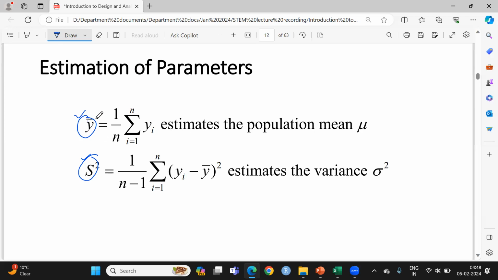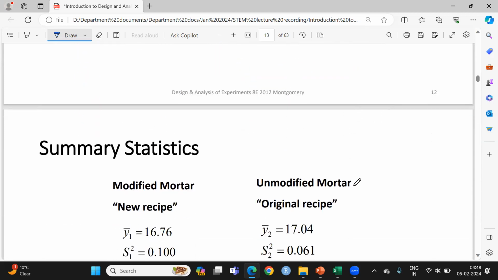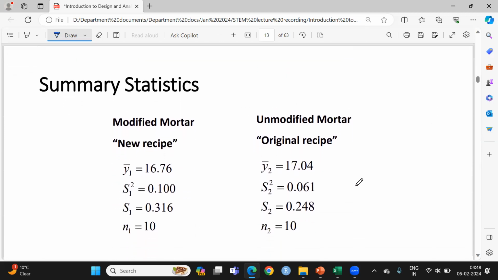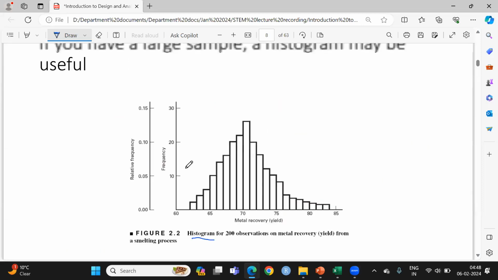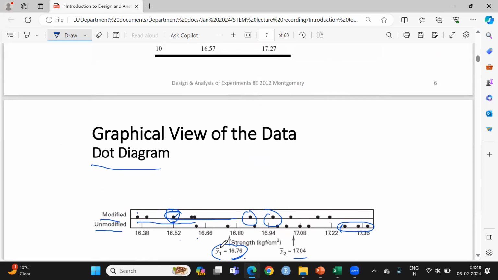The sample mean is used to estimate the population parameter mu, and the sample variance is used to estimate the population variance sigma square. So now, using the above formula, as discussed, the mean of the first group, y1 bar, was 16.76, as already shown on the dot plot, or you can see it from the box plot.